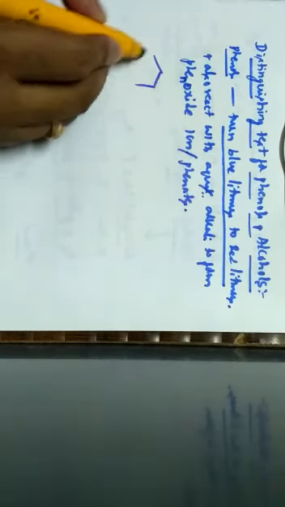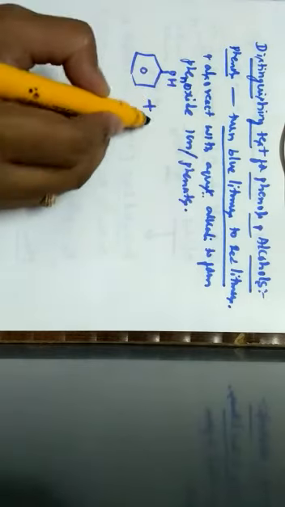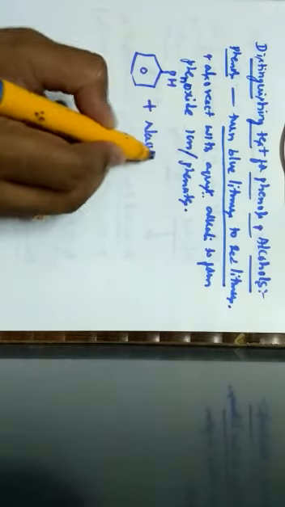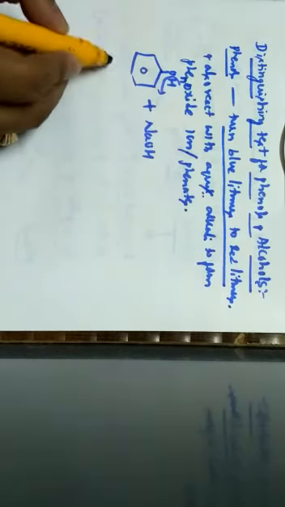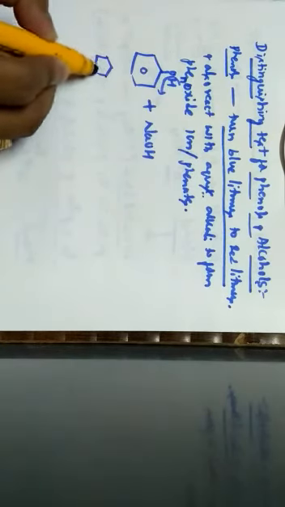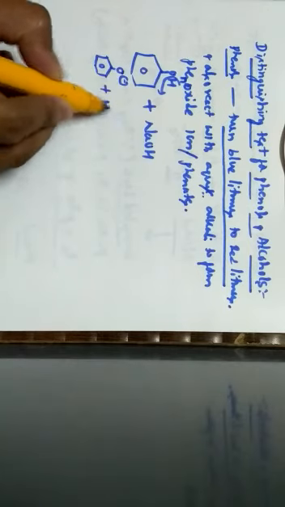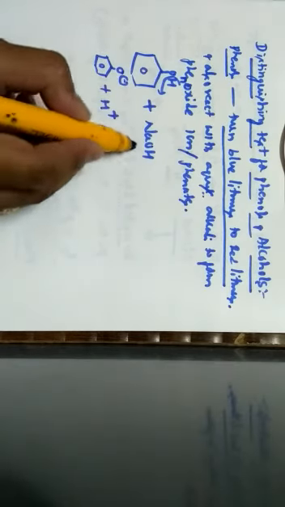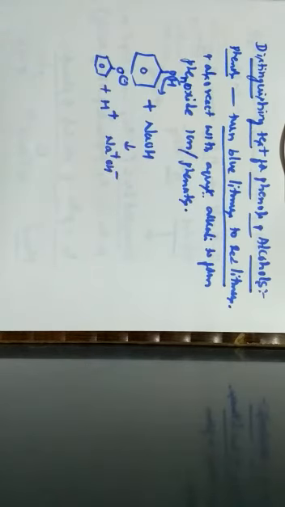So when I write the structure of a phenol and it is made to react with NaOH, we know that phenols are highly acidic, which can form an ion called phenate ion or phenoxide ion along with the elimination of a proton, and this NaOH ionizes as Na+ as well as OH-.